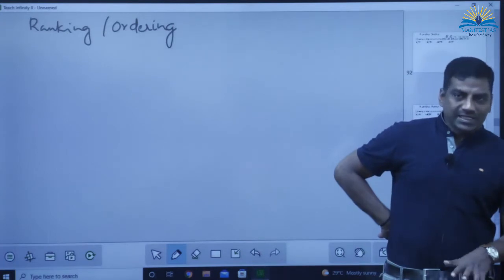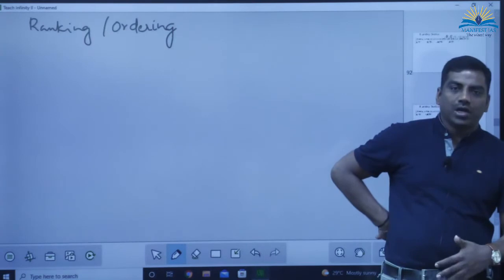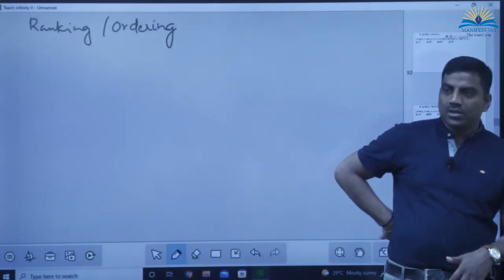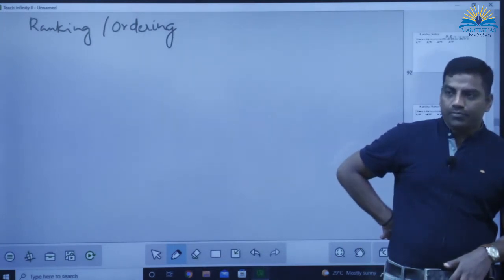Few persons are arranged in a line. That line can be a vertical line or a horizontal line. There, they will give the positions of the persons who are there in the line.